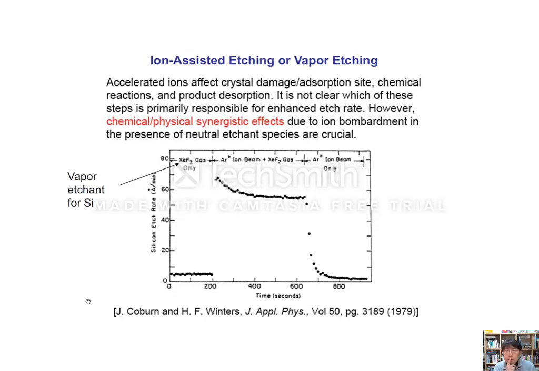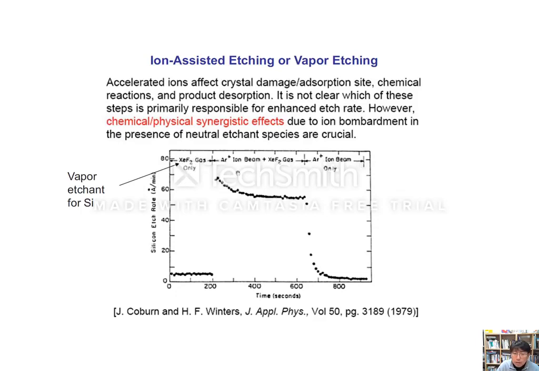Ion assisted etching or vapor etching. So you have this silicon etch rate versus time, and this is a gas. And then the XeF2, this is a vapor etchant for silicon.